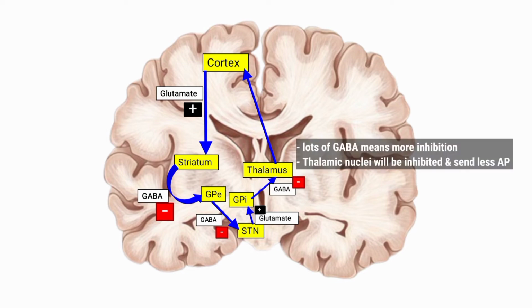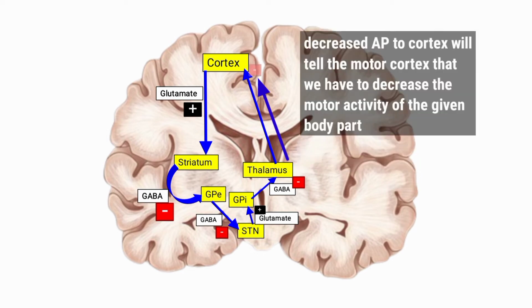So lots of GABA means lots of inhibition of the thalamic nuclei. That means in the thalamus there will be decreased action potential to the cortex. And if there is decreased action potential going to the cortex, guess what that is going to tell the motor cortex? That we have to decrease the motor activity of the given body part. Doesn't that make sense? So that's how the indirect pathway works.